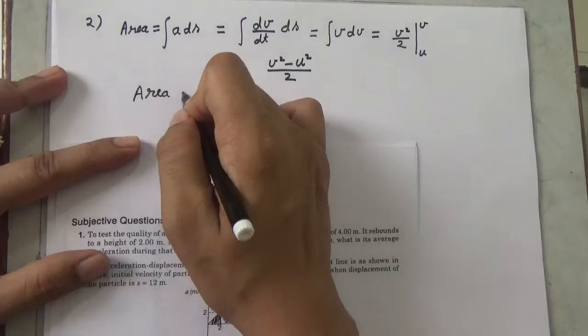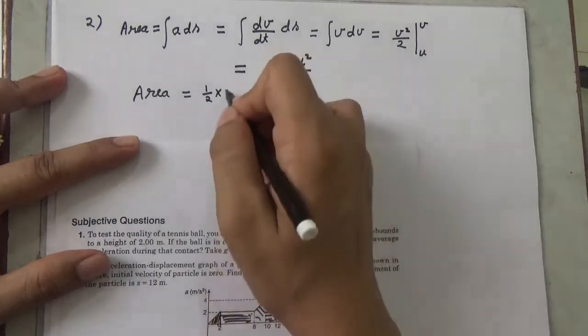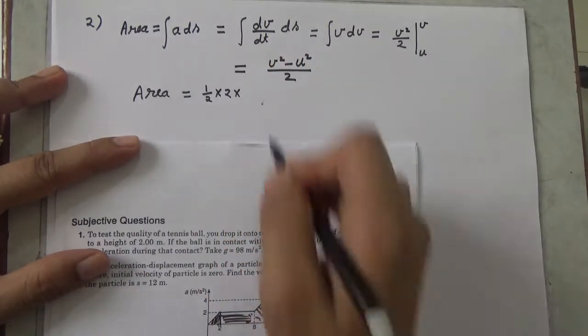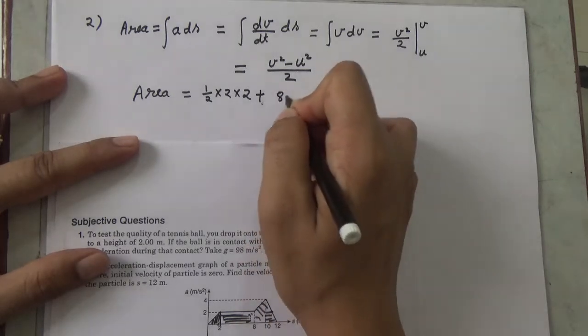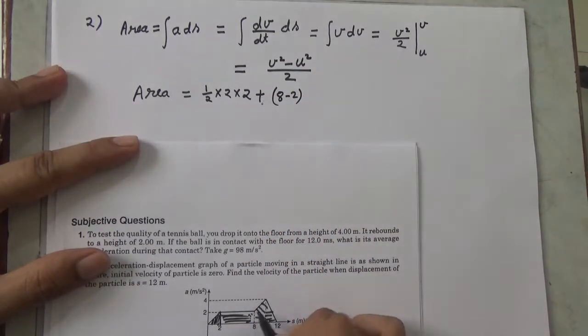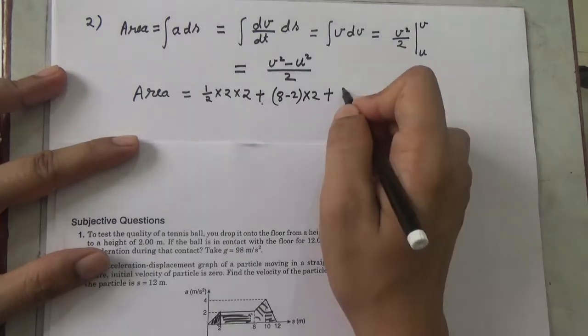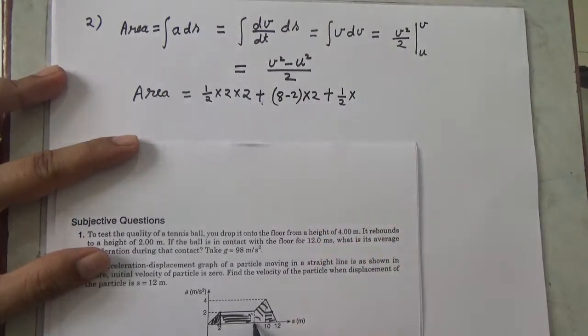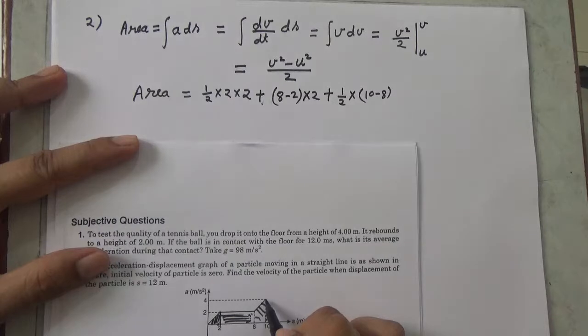first the triangular part, so it is half into base 2 into height 2, plus this rectangular part. Its length is 8 minus 2, height is 2, then this trapezium part, so half into height, which is 10 minus 8, and the sum of parallel sides, so one side is 4, the other side is 2.